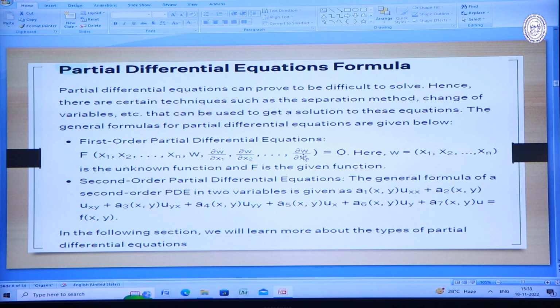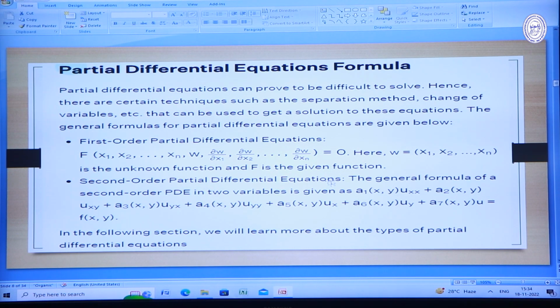First order partial differential equation: f of x1, x2, dot dot xn, w, del w by del x1, del w by del x2, dot dot del w by del xn equal to 0. Here w equal to w of x1, x2, dot dot xn is the unknown function and f is the given function.